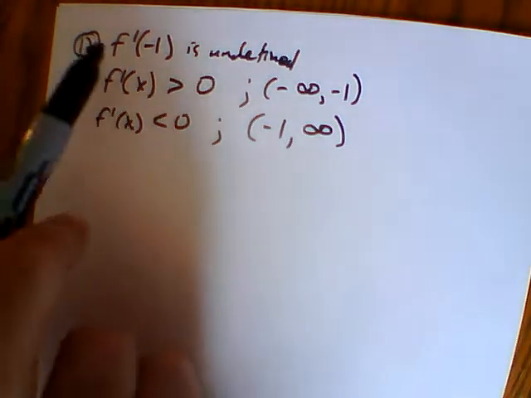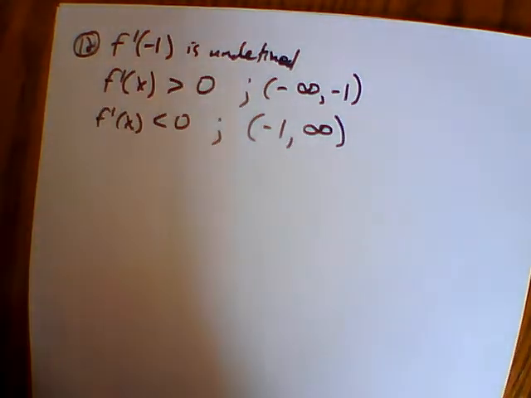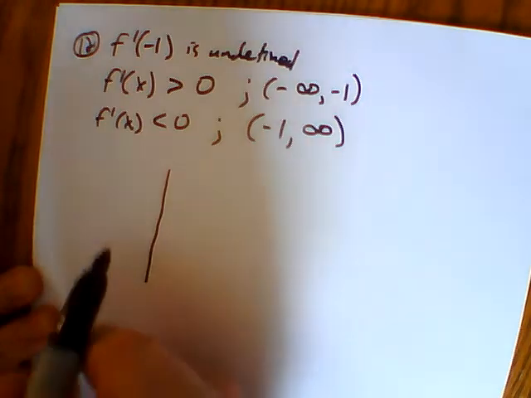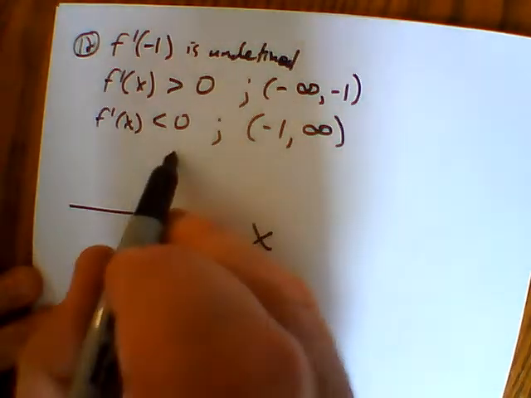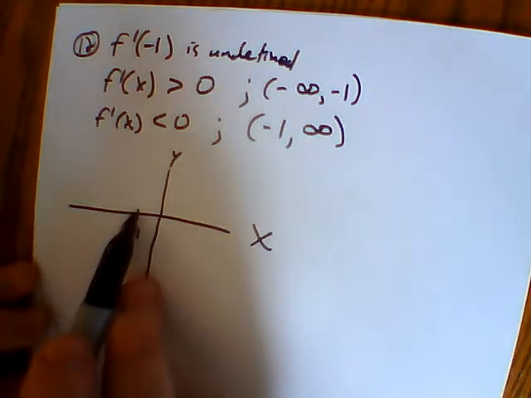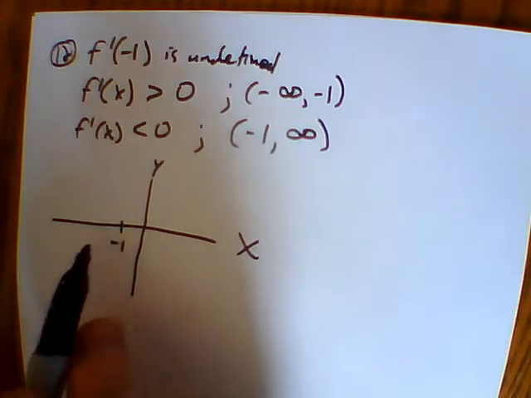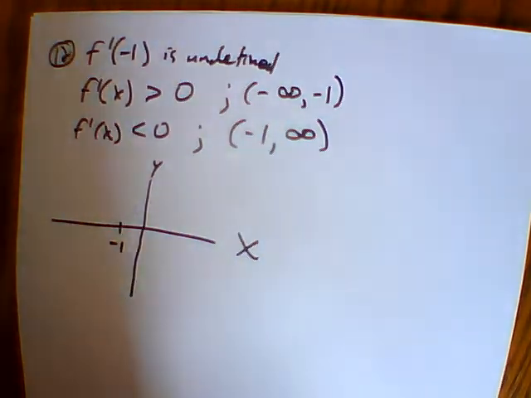So once again, if the derivative is undefined at a given point, that means when we come here to our xy graph, at -1, we know we're going to have something that is not differentiable right here. If it's not differentiable, either our slope is approaching infinity, or we have a cusp or a corner of something that is going on.